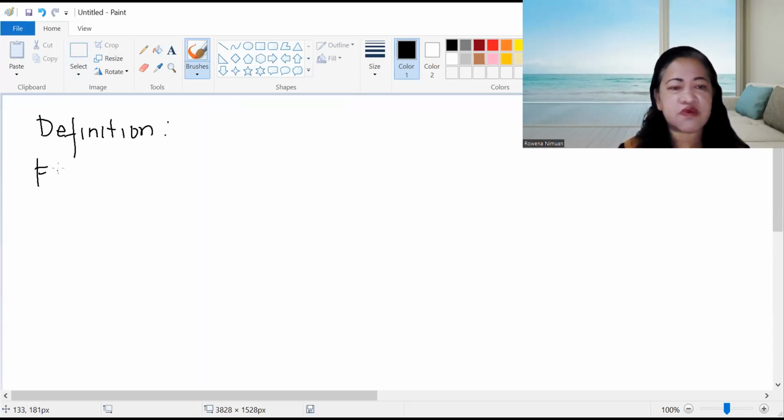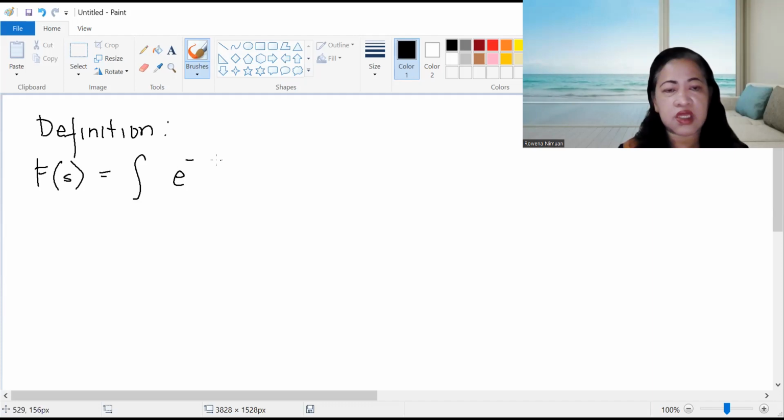The transformation in the S domain is equivalent to the integral of e to the negative st, function of t, dt, to be evaluated from 0 to infinity.